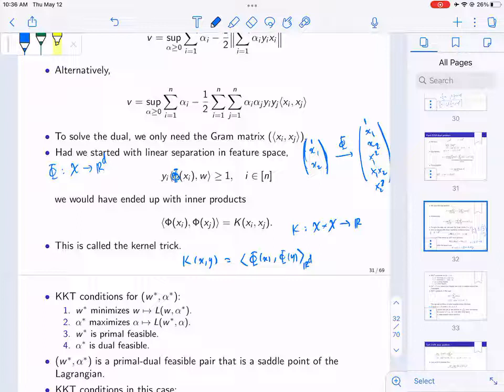You map it to R^d, and then you take the inner product in R^d. So this defines a symmetric bivariate function, and it turns out to also be a positive definite function, and these things are called kernels.